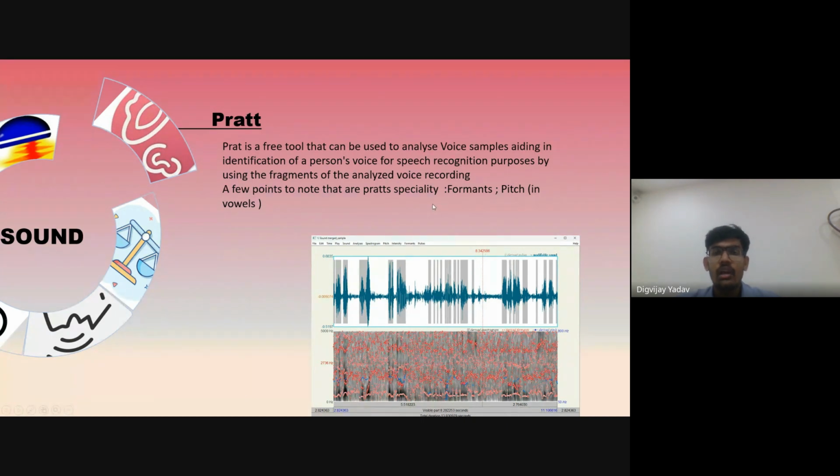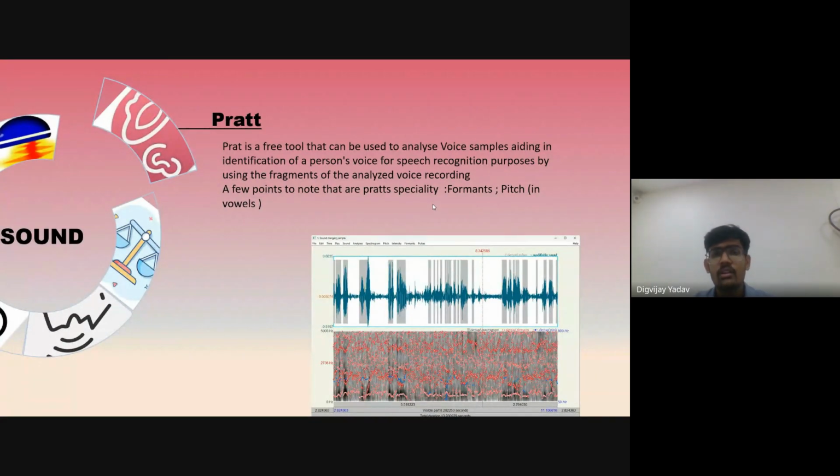And I'll be analyzing some sounds right now. But Praat has a major upper hand over Audacity, because it is basically designed for how formants and pulses can be analyzed. Audio pulses and audio frequencies can be easily analyzed in this, but the editing part is way better in Audacity.